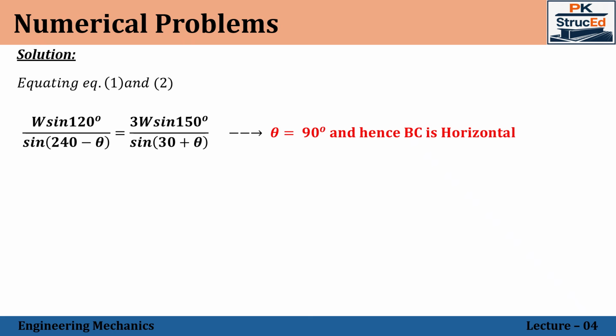That is the first case. Once BC is proved to be horizontal, we are supposed to calculate the tensions in each portion. Substituting the value of theta in either of these two equations, we can find the values of T1, T2 as well as T3. So T1 will be equal to 2W, T2 will be equal to root 3 W, and T3 will be equal to 2 root 3 W.